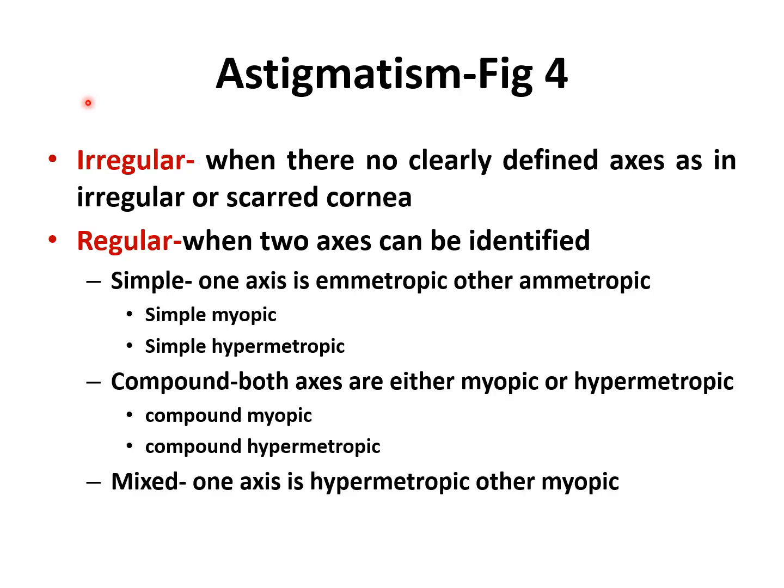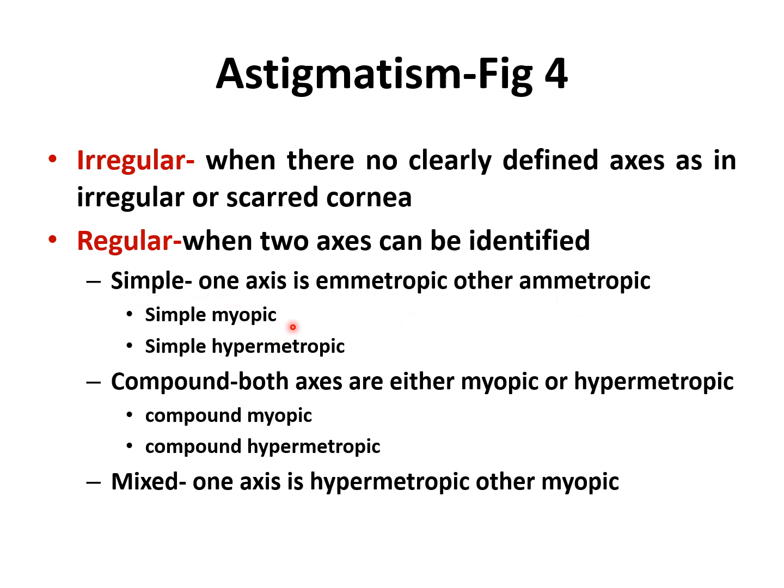Astigmatism may be irregular or regular. In irregular, there are no clearly defined axes, as seen in irregular or scarred cornea. In regular, the two axes can be identified. The regular astigmatism may be simple, in which one axis is emmetropic and the other is ametropic.